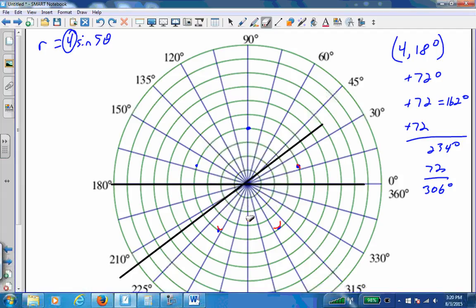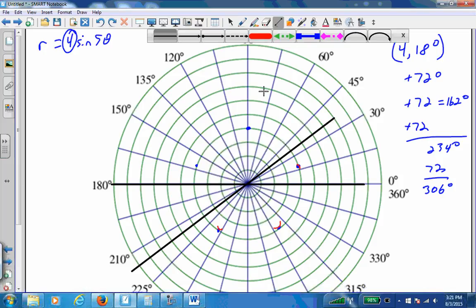Keep in mind, if the tips are 36 degrees apart, then the place where we come back to 0 should also be 36 degrees apart. So every time we rotate 36 degrees, we should be back to being tangent at the pole.